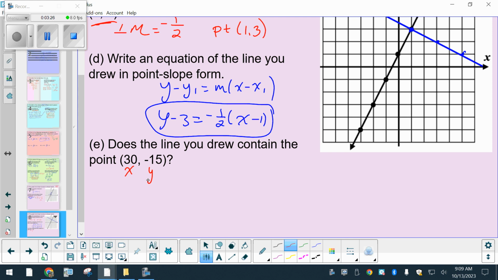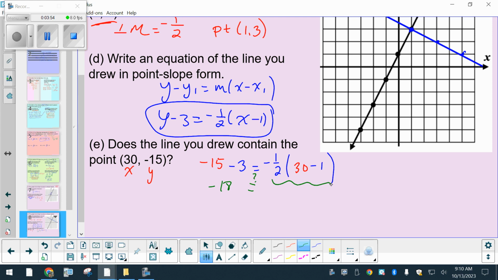So you'd have negative 15 minus 3 equals negative 1/2. And then what's the x? 30. And all you're trying to do is, you're not trying to move anything, you want to see does the left side equal the right side. Okay, so left side's easy to do. This is negative 18.